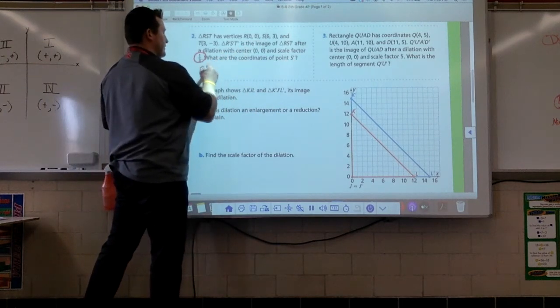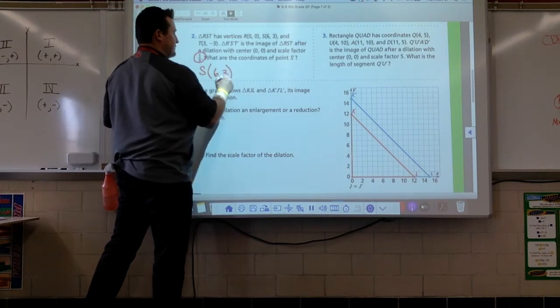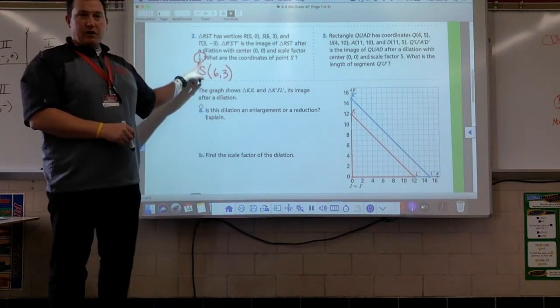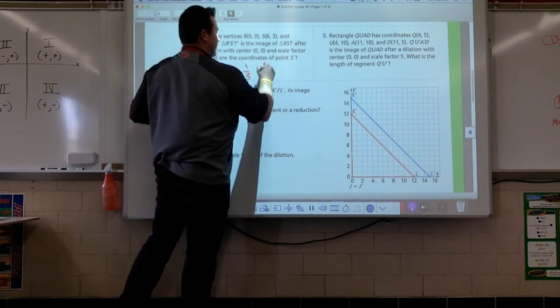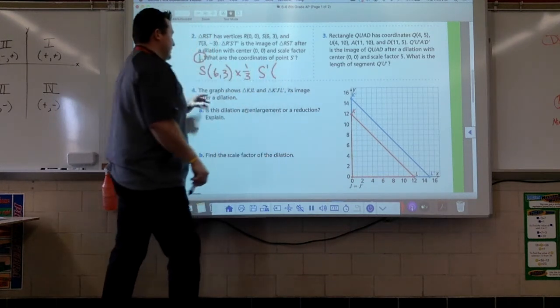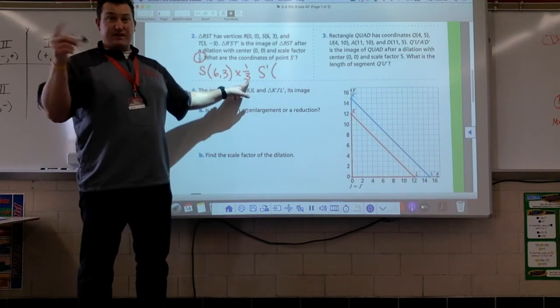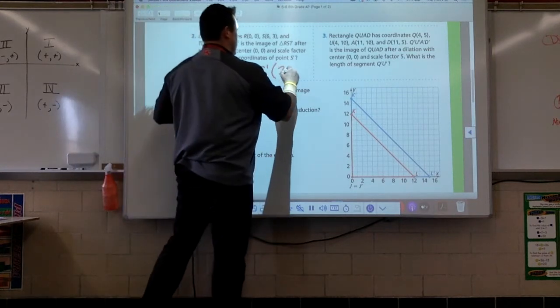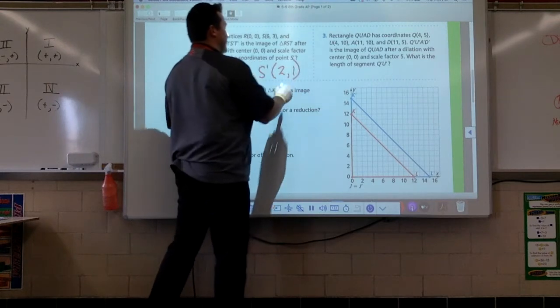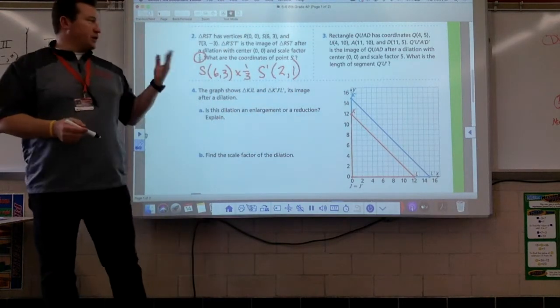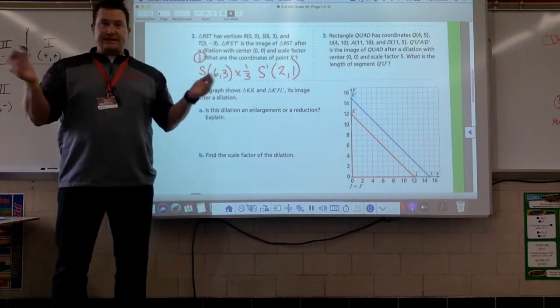S is at 6, 3. Using a scale factor of 1/3, S prime is at 6 times a third, which is 2, and 3 times a third, which is 1. So there's your ordered pair for S prime. It's at 2, 1. It's that easy.